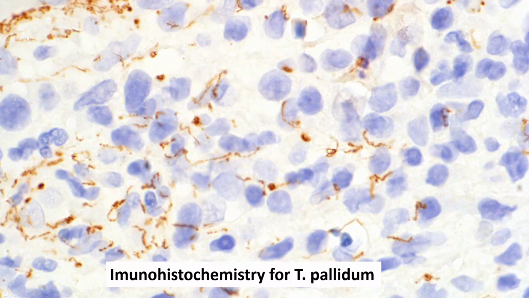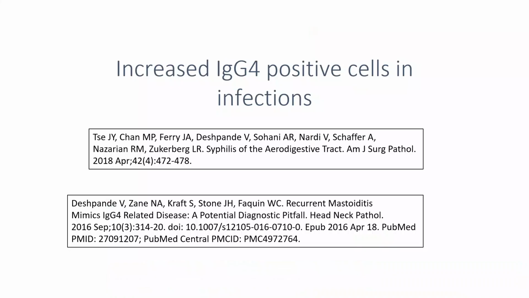Naughty, naughty man. So before you make a diagnosis of IgG4-related disease, think syphilis, both in the aerodigestive tract and also in lymph nodes. And that's a paper that we wrote not so long ago. Oh, it's now 5 years. The last author was Lauren Zuckerberg, a great friend of mine who passed away on Christmas Day last year.